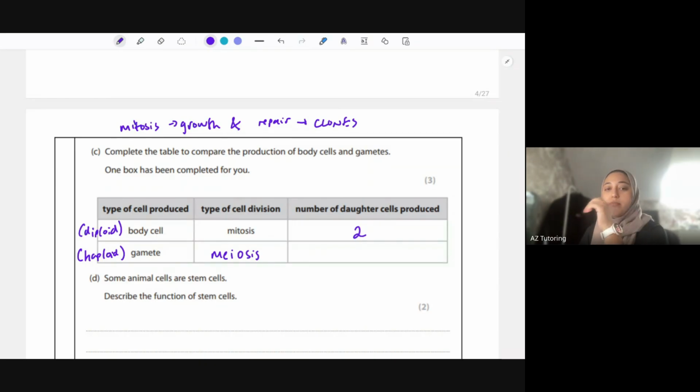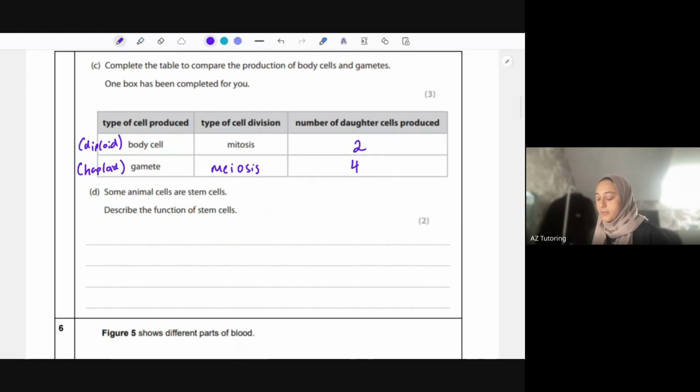They're not all the same at the end, because you wouldn't want all the gametes to be exactly the same. For example, if all the eggs looked exactly the same, then you would look the same as your siblings. You don't want that. You want that genetic difference. At the end of that process, you get 4 daughter cells, because each of them has half the amount. So that's why it's 4 rather than 2.